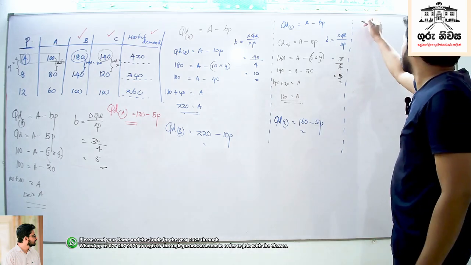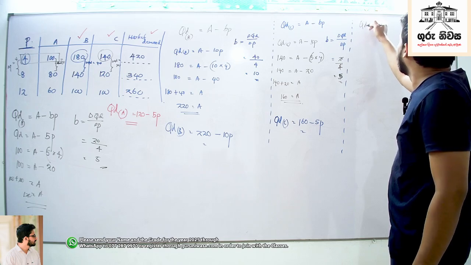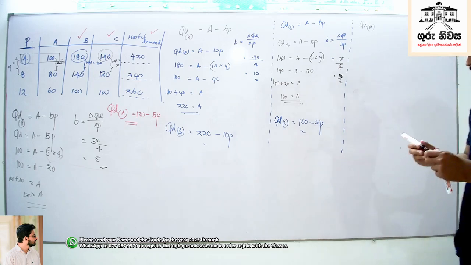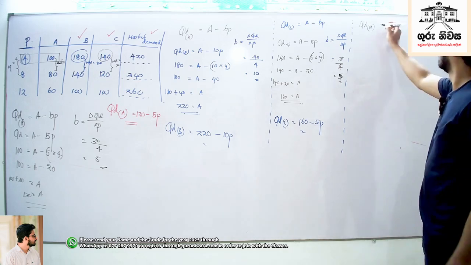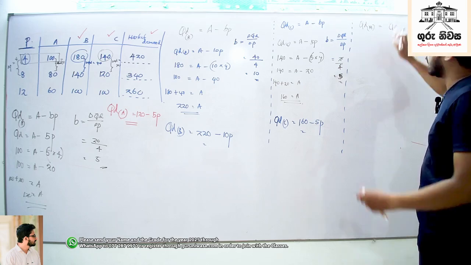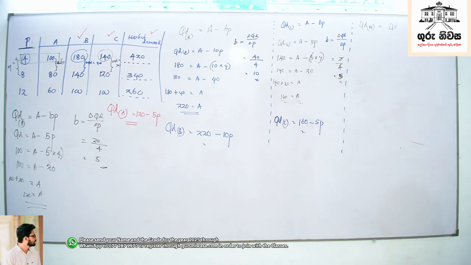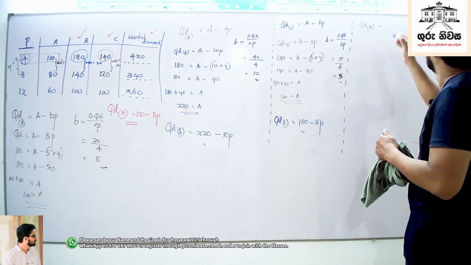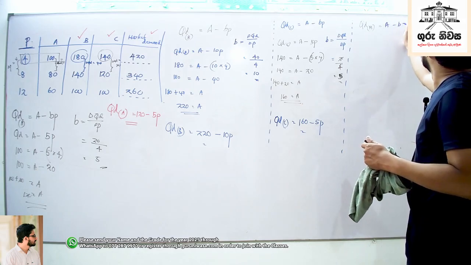The last one, market demand. The market demand is called QDM. Remember, this M stands for market. The market demand equation is the same thing, it doesn't change: QD equals A minus BP.